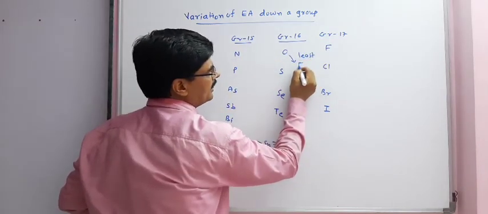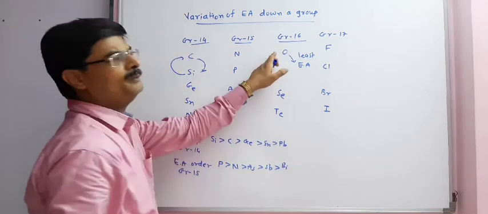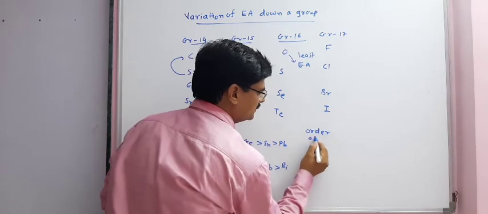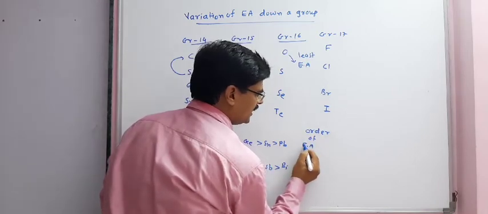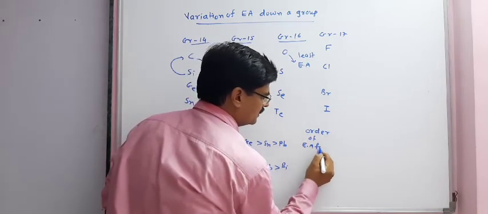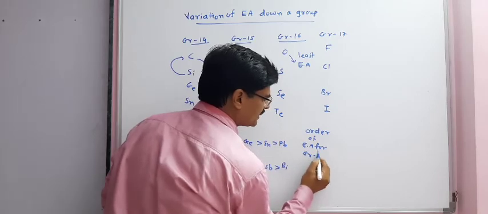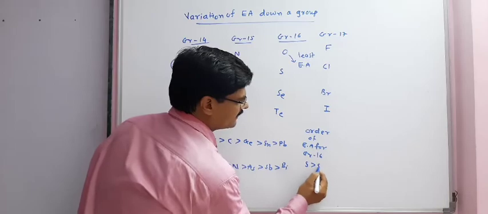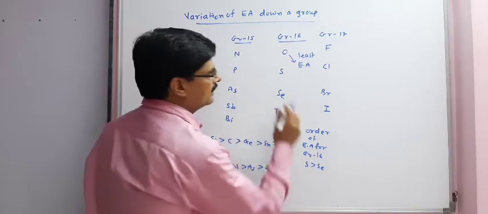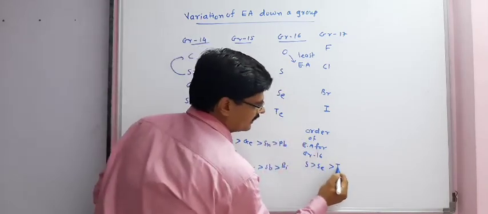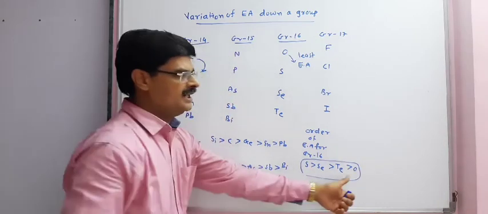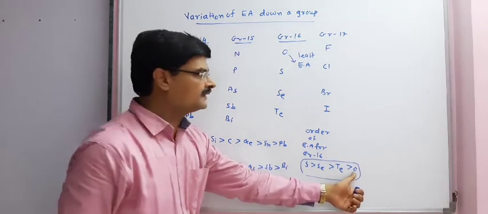For group number 16, least electron affinity is of oxygen. So order of electron affinity for group number 16 is S > Se > Te > O. Least electron affinity of oxygen.